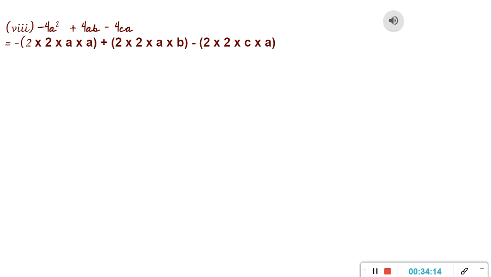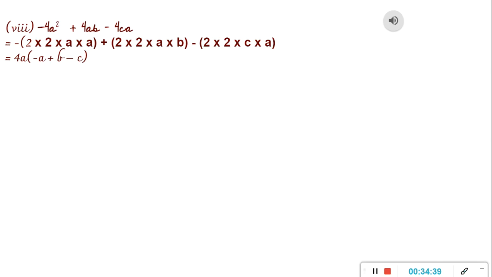Now let's see what is common here. Here we can see 4a is common, so 4a can be taken out. Now what is left out? Minus a in the first term, plus b in the second term, and minus c in the third term. So what is the factor form? 4a into minus a plus b minus c.